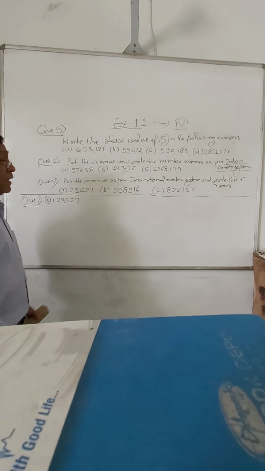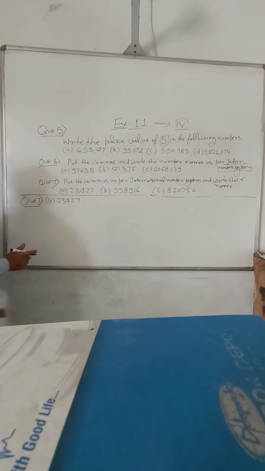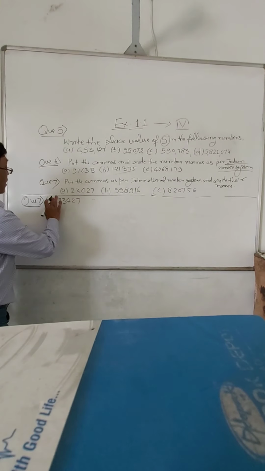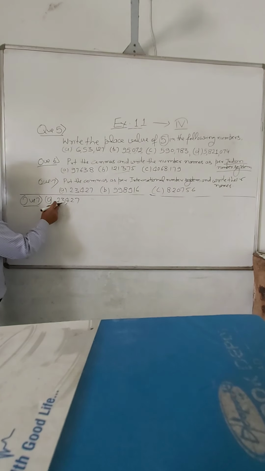As you know, in the international system, first we put the comma. In the international system, the comma is always put after 3 digits. So first 3 digits are coming here, after that only 2 digits.